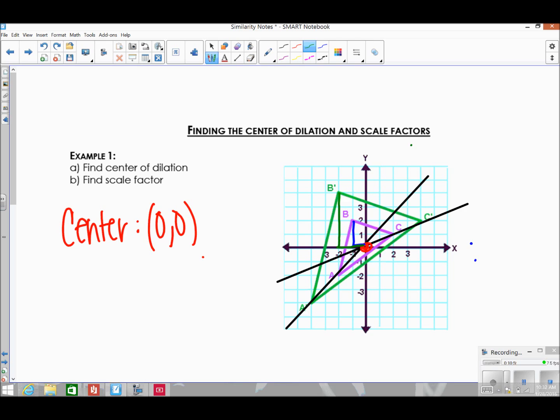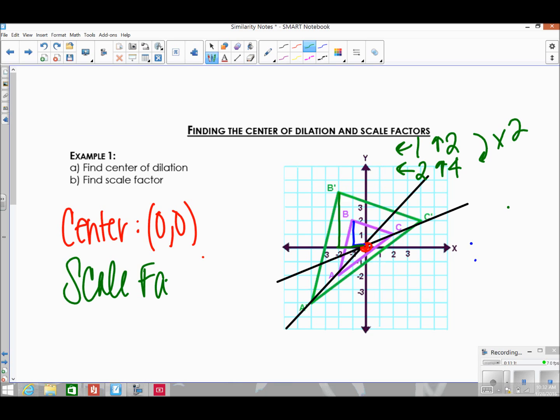So I went left 1, up 2 first, and then the second distance was left 2, up 4. Essentially what we did was we doubled it. We multiplied those distances by 2. So that tells me my scale factor equals 2.